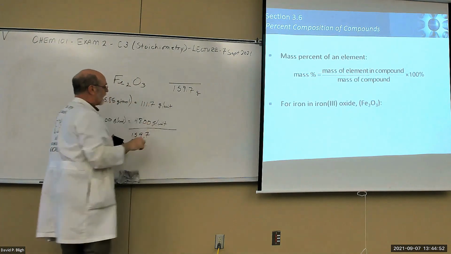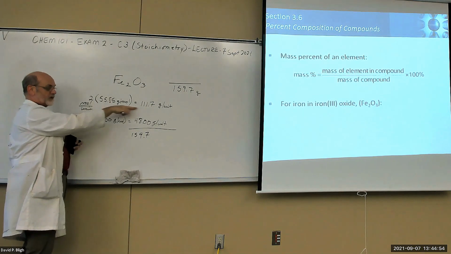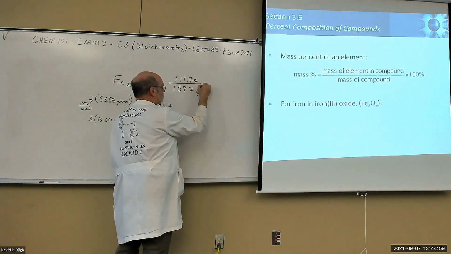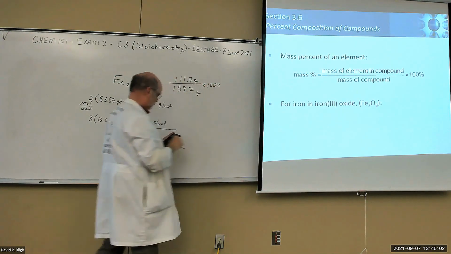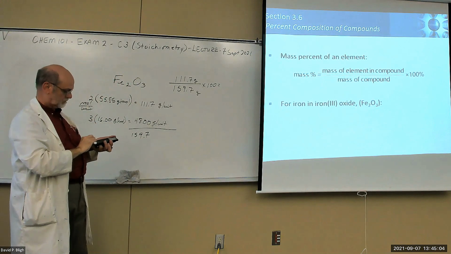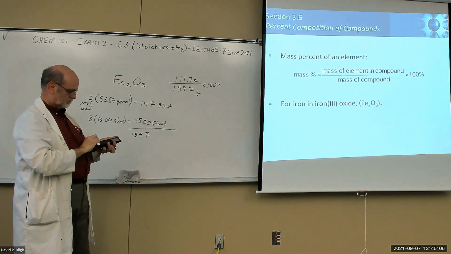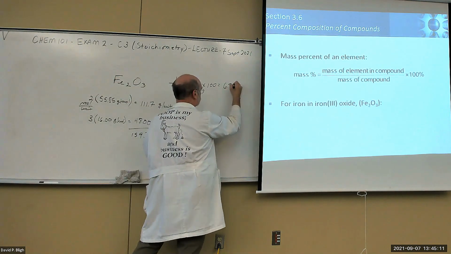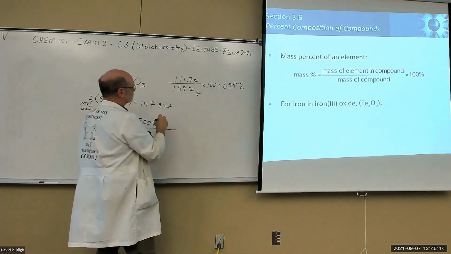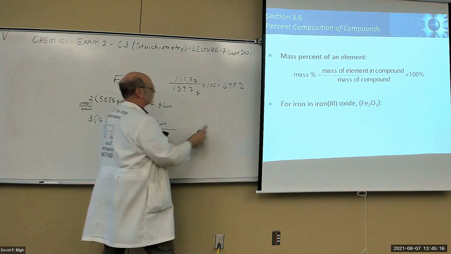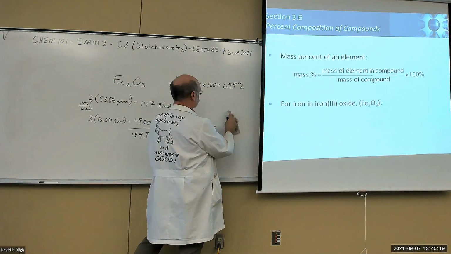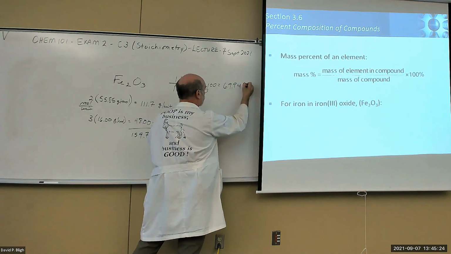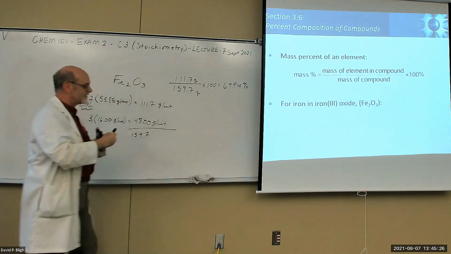And then how much iron is there? Well, we did the calculation already. 111.7 divided by 159.7, times 100, is 69.94%.